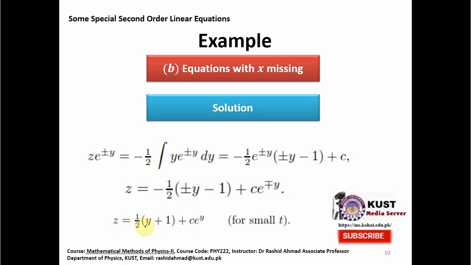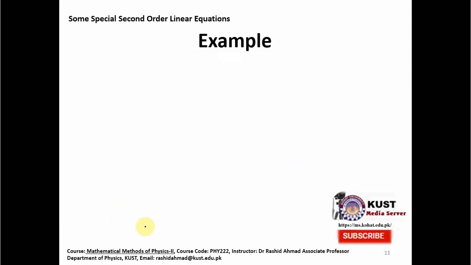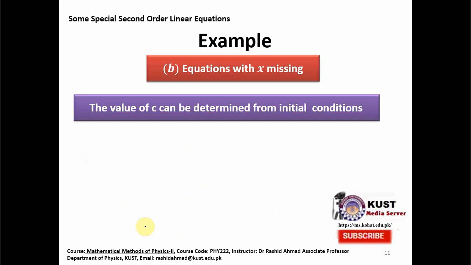So this is what we get at the end, z. And finally, the value of c can be determined from initial conditions, because there is a constant of integration involved. For example, these are the initial conditions: y is equal to 1 at t equal to 0, and dy by dt is equal to 0.